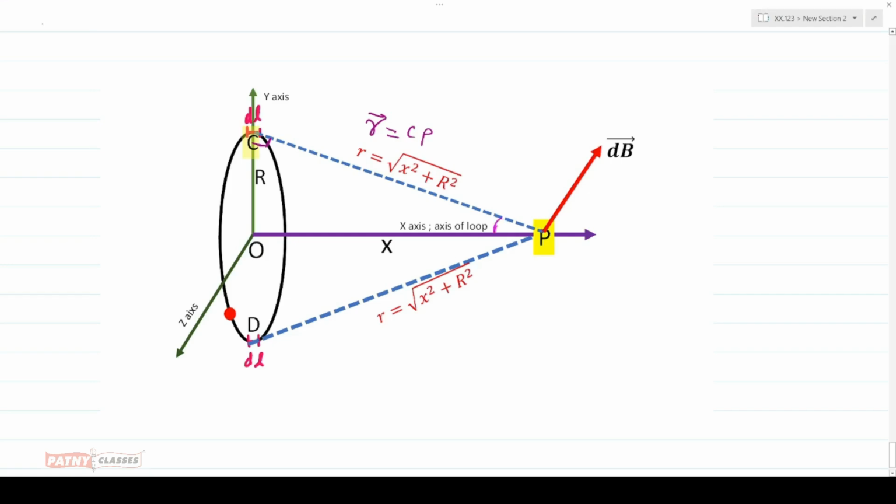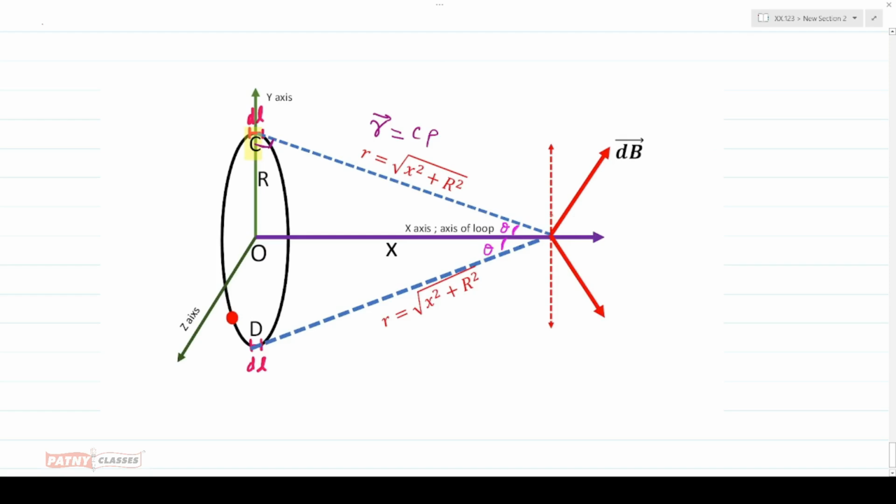Call this angle, the angle OPC, equals theta. So this angle is theta, and even this angle is theta. So here is the angle theta, here is also angle theta.